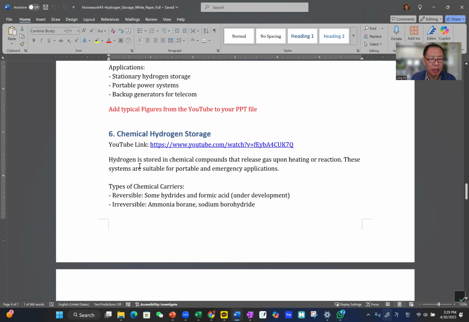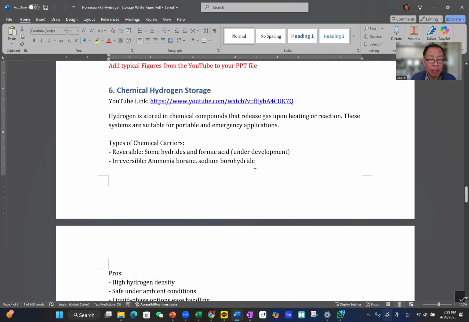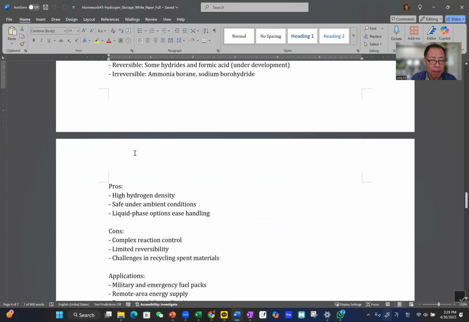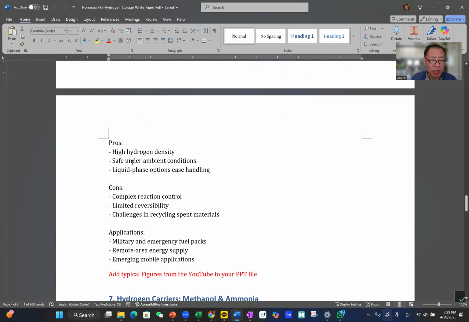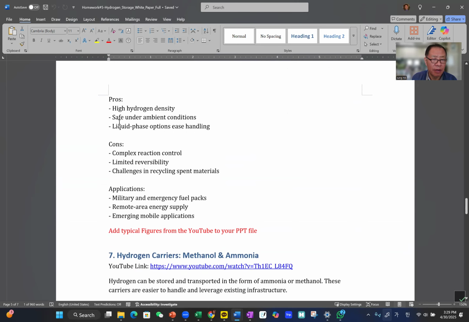Chemical hydrogen. Chemical hydrogen is stored in a chemical compound and releases gas upon heating or reactions. So there are some chemical carriers. The pros: a little higher hydrogen density, and very safe.